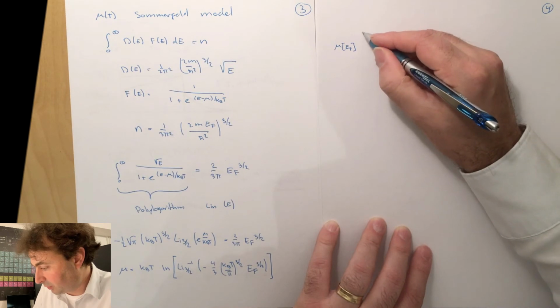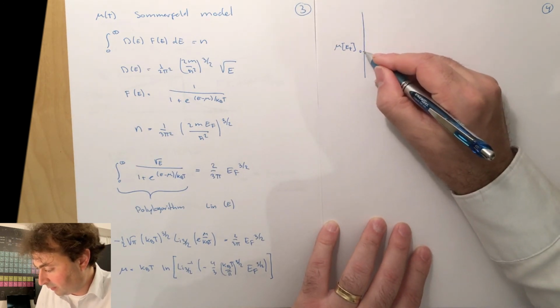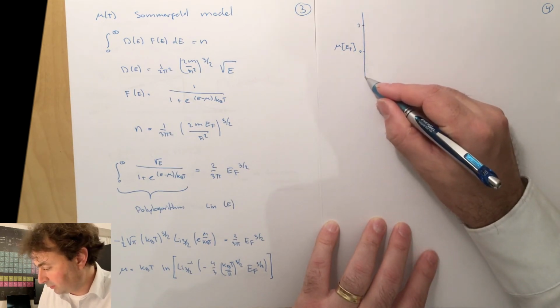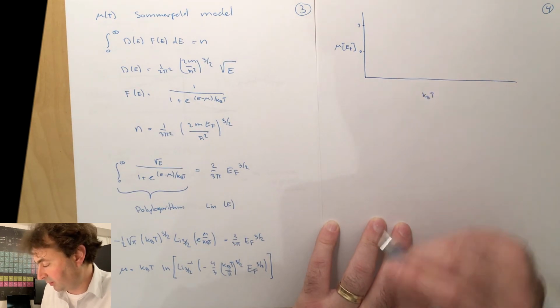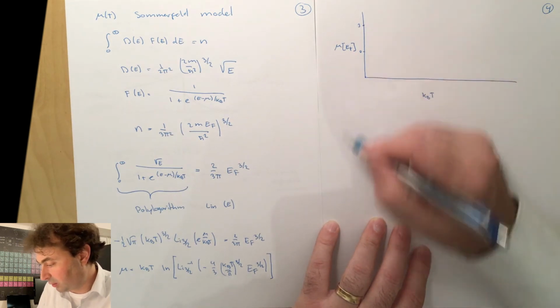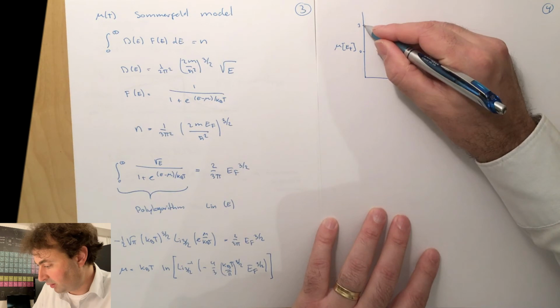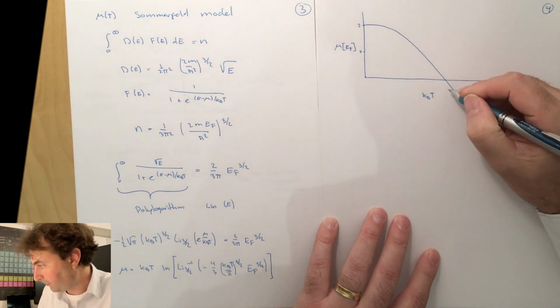of the chemical potential, and we do this in units of the Fermi energy. We have 0, 1 as a function of temperature in k_B T. And when your temperature is 0, the chemical potential is the Fermi energy. And then when you increase the temperature, it starts to decrease.